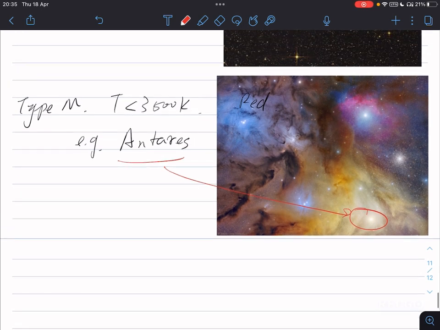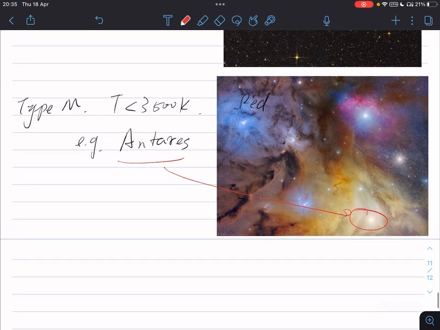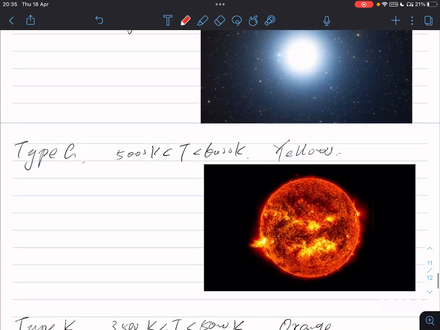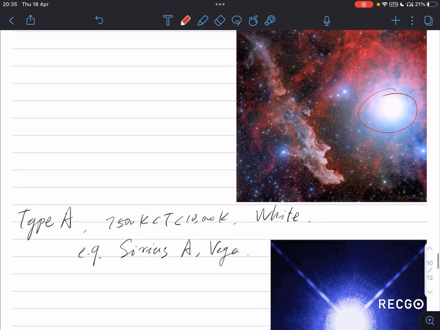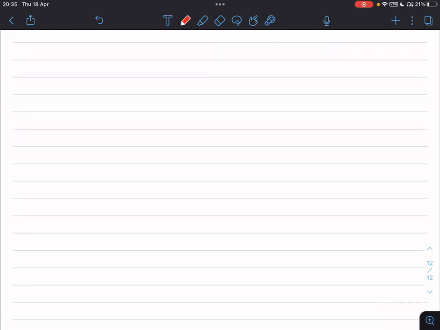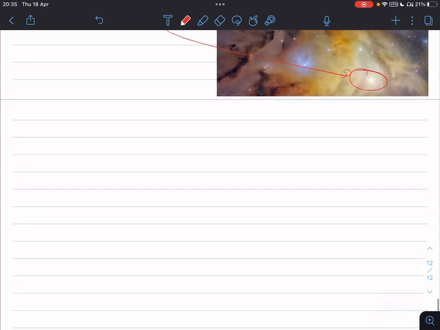So we have the star types from O to M, and I gave you the image of each type of star and its color. Finally, let's display a complete HR diagram.